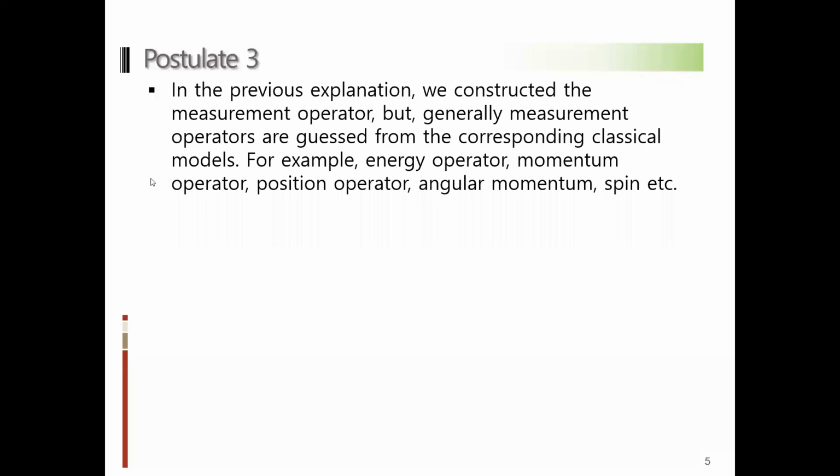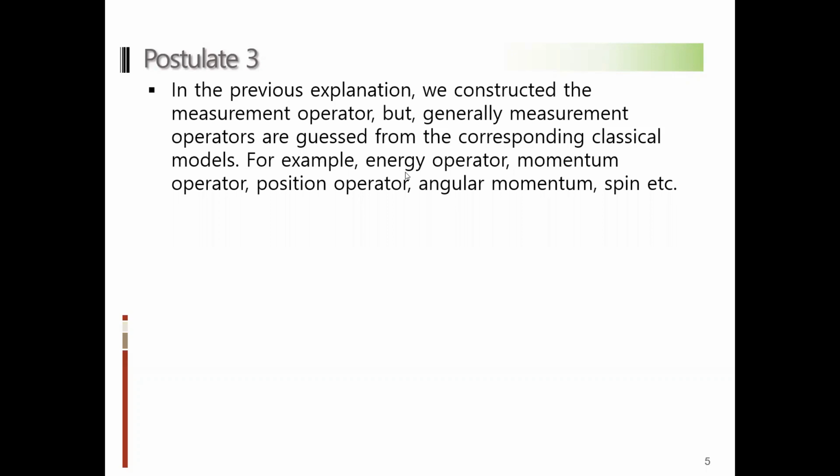In the previous page, I constructed either the energy measurement operator for the two-level atom or the polarization measurement operator for the photon. But in most situations, we don't construct the measurement operator by ourselves. Generally they are given, or the measurement operators are guessed from the corresponding classical mechanics model.